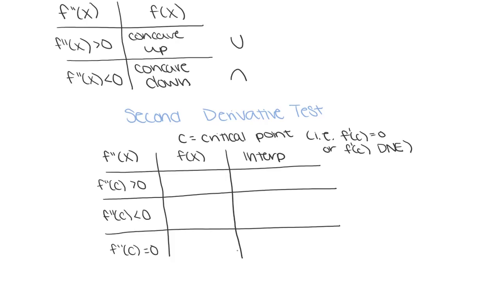So when this is positive, this is honestly just the same as what's up here, so we can just say concave up, concave down. And this doesn't really tell us much about what's going on with f of x. It could be an inflection point, could not be an inflection point. And then our interpretation: when we are concave up, you can look back at this little picture, we're going to have a local minimum there.